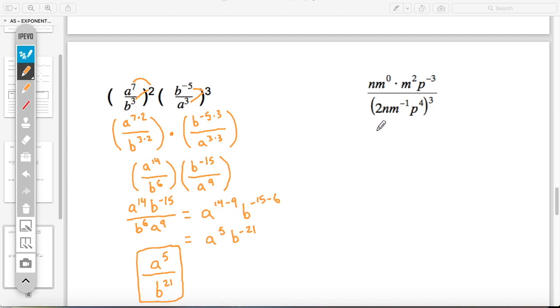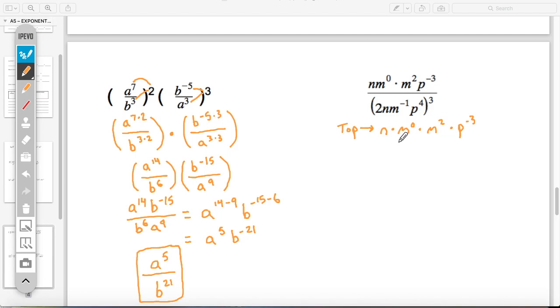Alright, so this one over here, I'm going to deal with these two expressions separately. So I'll deal with the top first and then the bottom. So if I rewrite the top, it is n times m to the 0th times m squared times p to the negative 3.